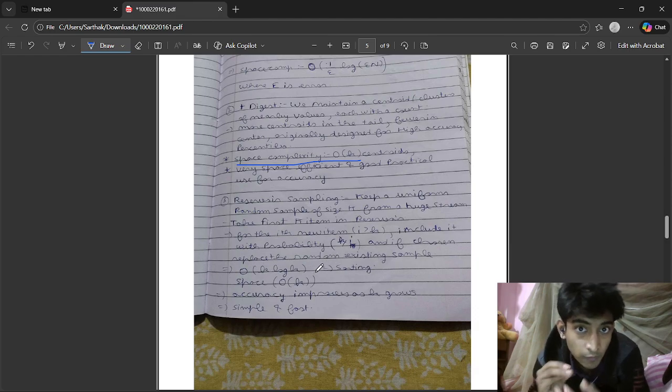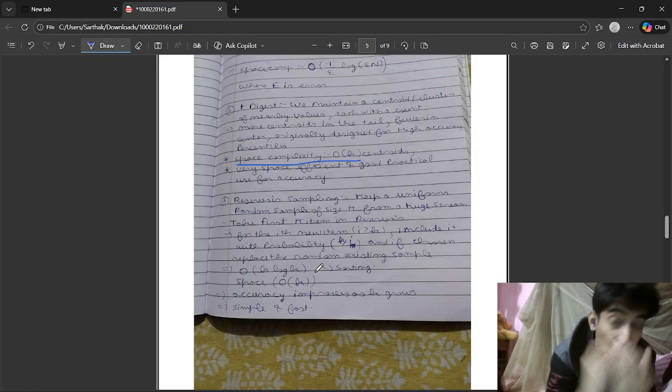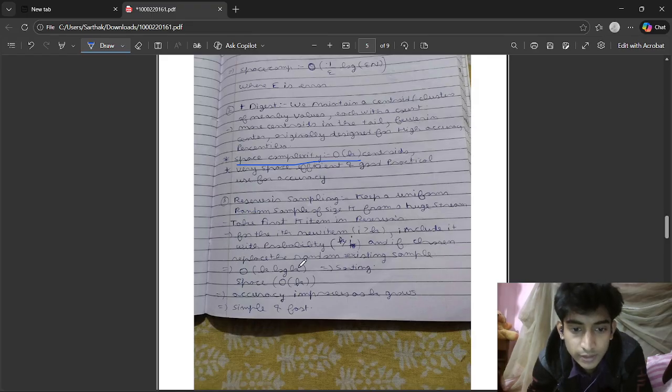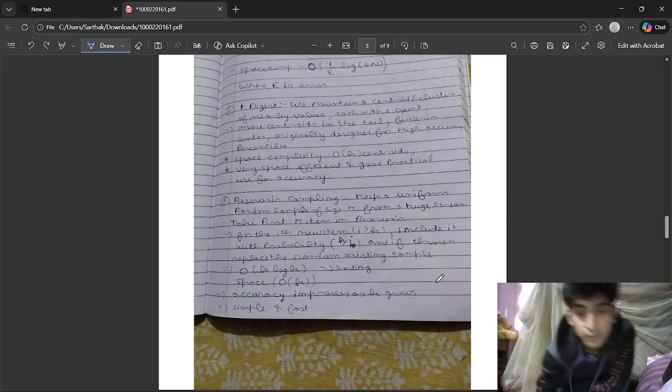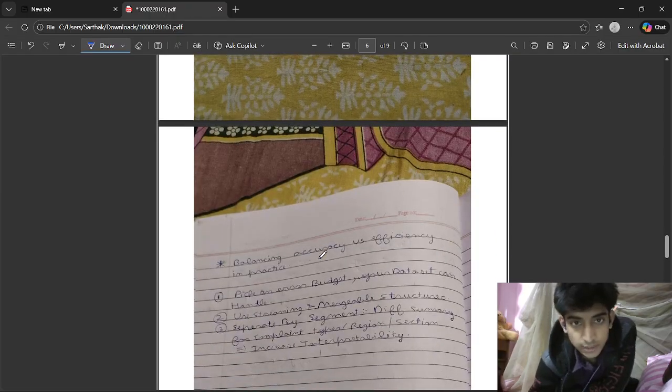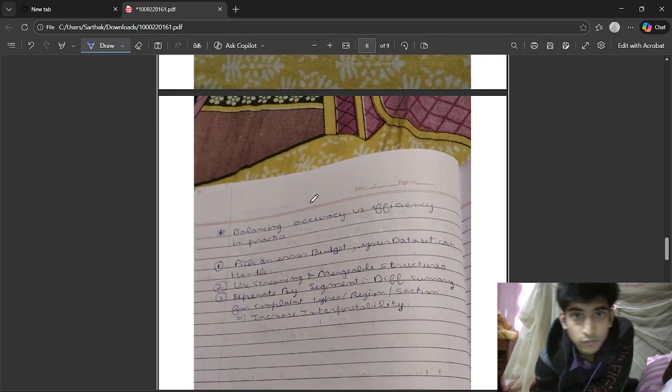Here the time complexity is big O of k log k, and space complexity is big O of k, which is as good as T-digest, right? It is used where accuracy improves as k grows, and it is simple and fast. Reservoir sampling is widely used because of its simplicity and its fast operation.